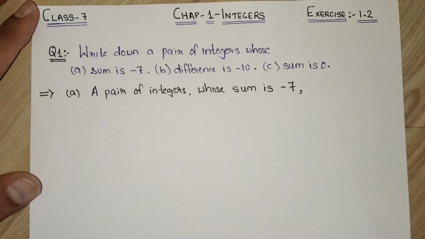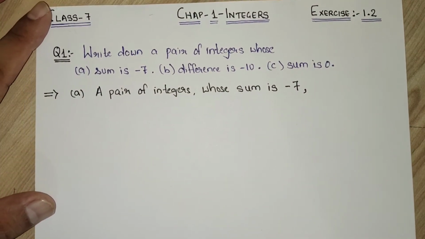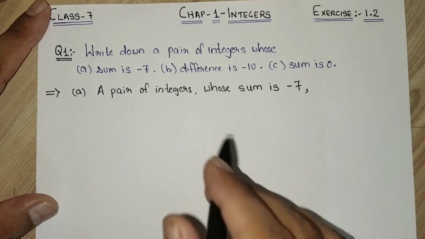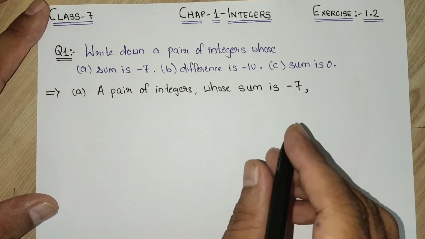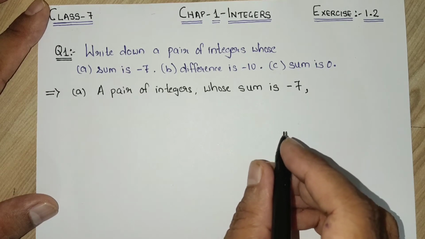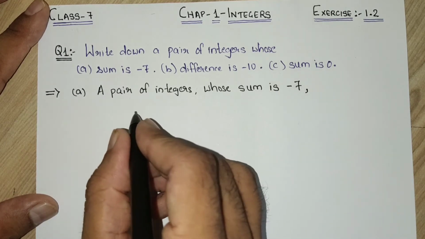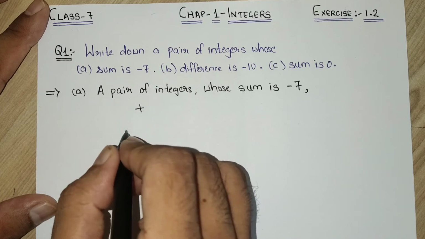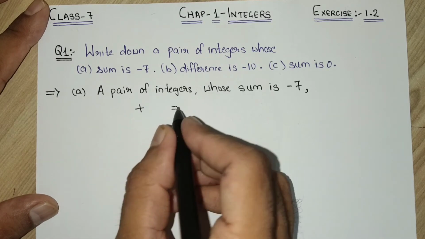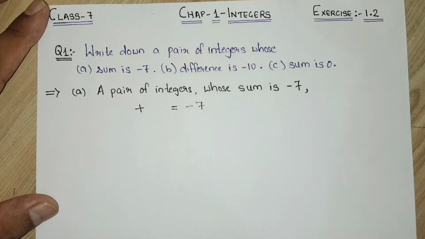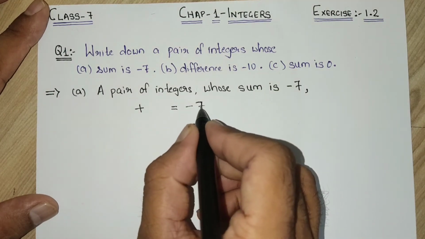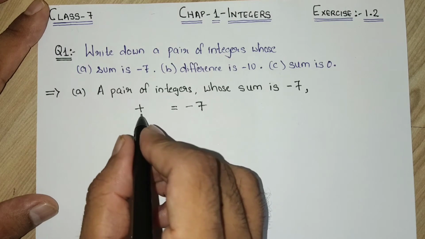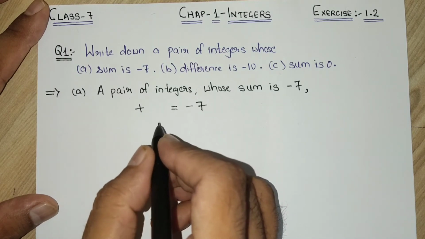So let us start with the first portion, that is a pair of integers whose sum is -7. Now we have to think of two numbers whose addition will give me -7. Can you tell me which two numbers will give -7?